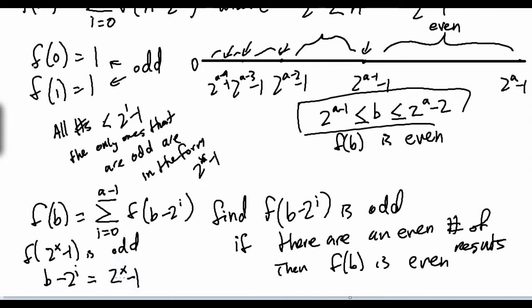If b minus 2 to the i is 2 to the x minus 1, that means it's odd. That means F(b minus 2 to the i) is odd, and if and only if, because we already confirmed that the only numbers that yield an odd result are in the form 2 to the x minus 1 under the range of 2 to the a minus 1 minus 1.